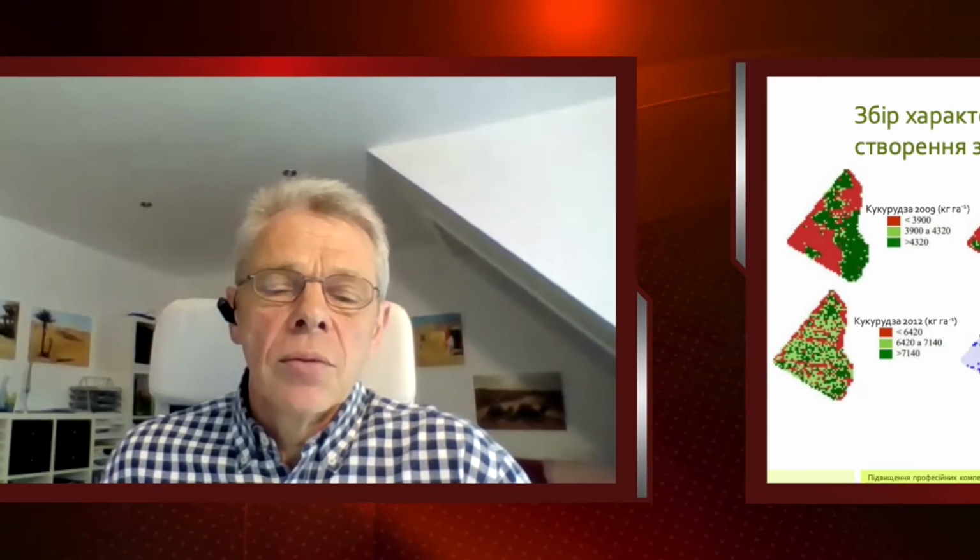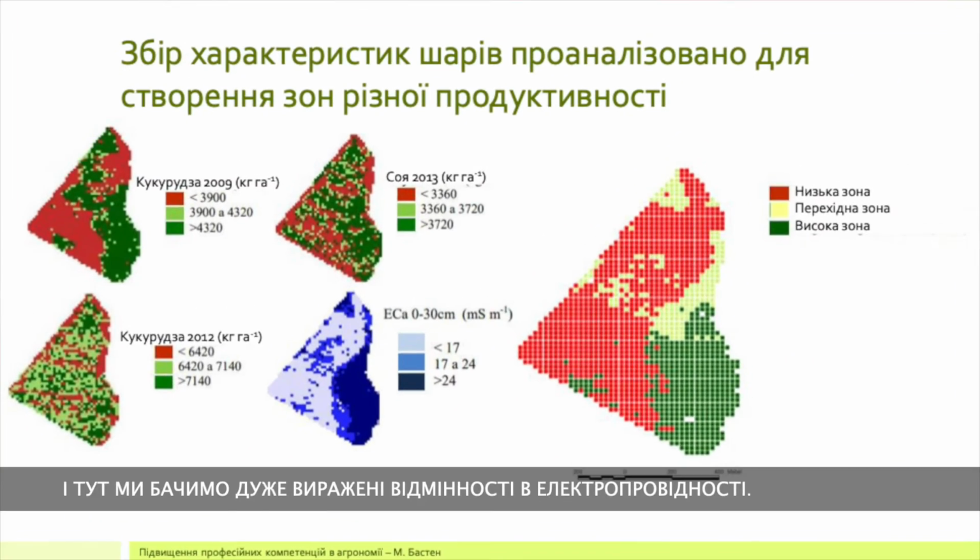Of course, yield varies from year to year depending on whether it has been a wet year or a dry year. Also, some other factors might influence yield, but what doesn't change too much is the electric conductivity in soil, as a kind of proxy for water, and also for soil texture. And here we see very pronounced differences in the electric conductivity.